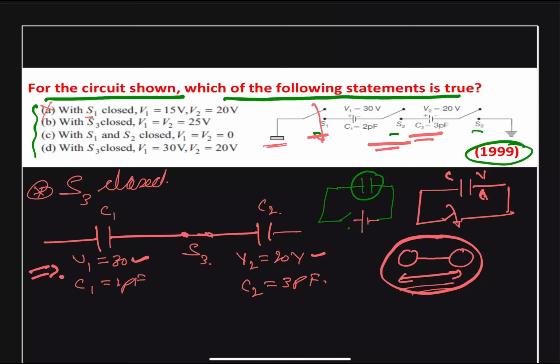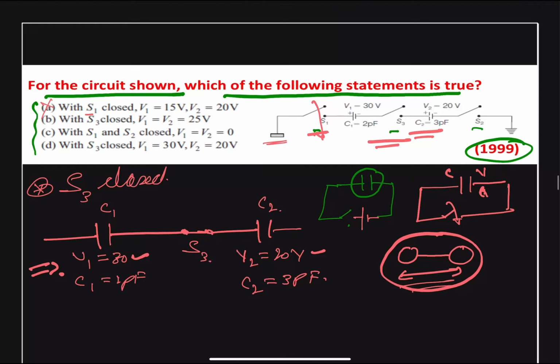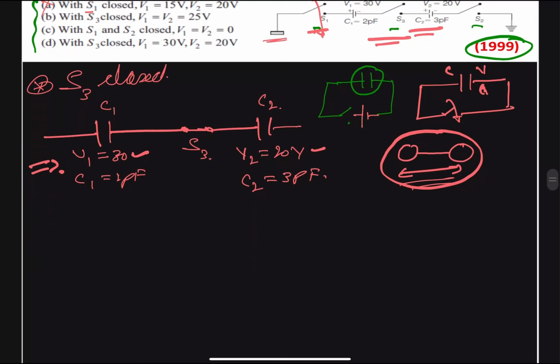But if we find out the charge on the respective capacitors, our Q1 will be equal to 60 picocoulomb, and our Q2 will also be 60 picocoulomb. Since both these charges are equal, Q1 is equal to Q2. So both the capacitors C1 and C2 have the same charge.